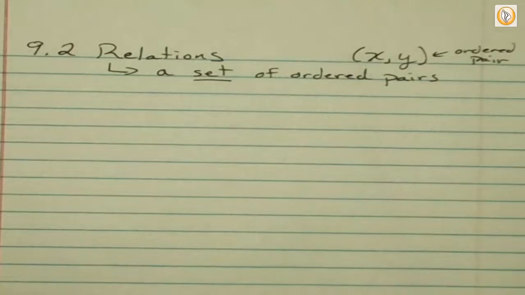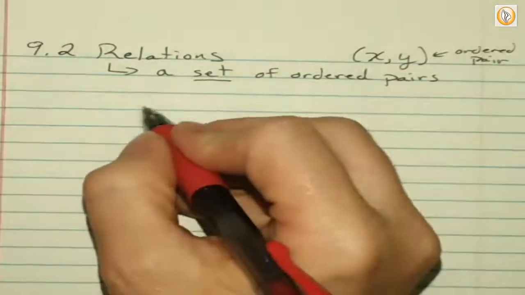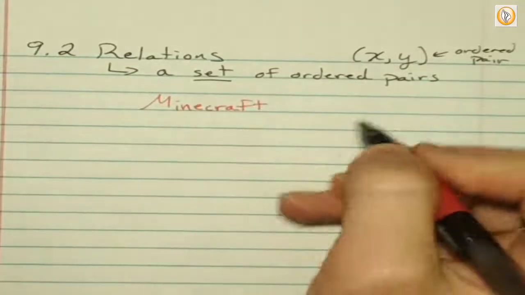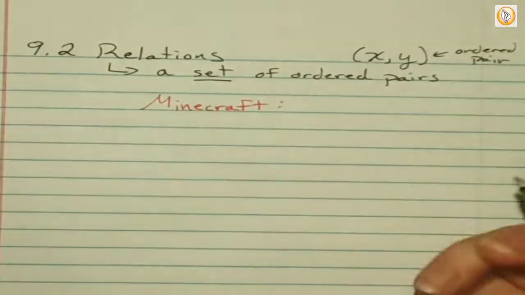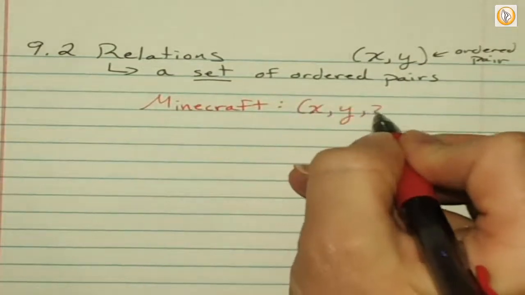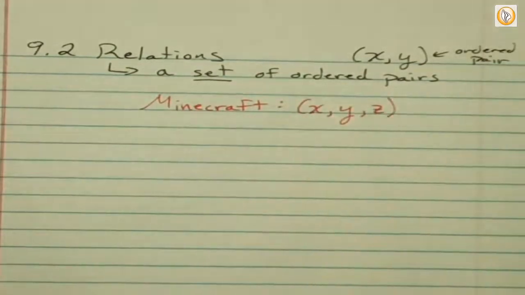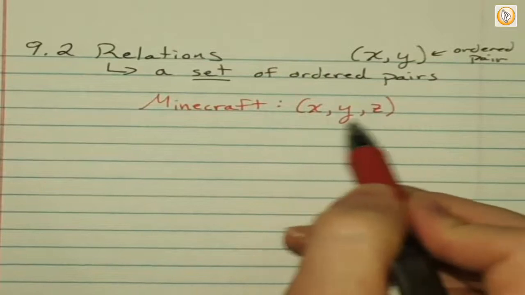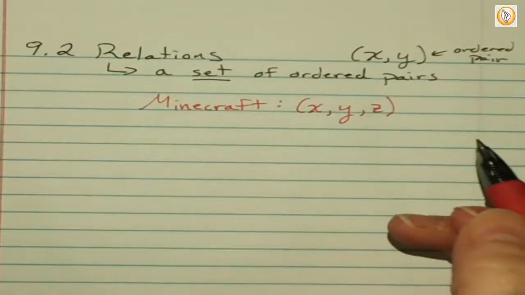If I'm giving you an example, in Minecraft, see, these are not in my notes. I'm just flying by the seat of my pants. All right, so in Minecraft, you have an X and a Y and a Z when you're looking for coordinates, right? Now, is that considered an ordered pair?